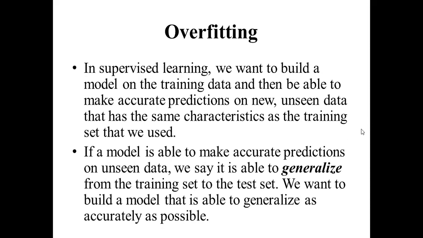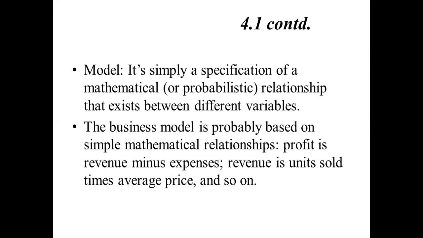So next, let us understand the concept of overfitting. Here, this model means that we want to give a mathematical relationship that exists between the different variables. Different variables here I'm referring to different features, different data values. Just like in the class we took the example of the chair.